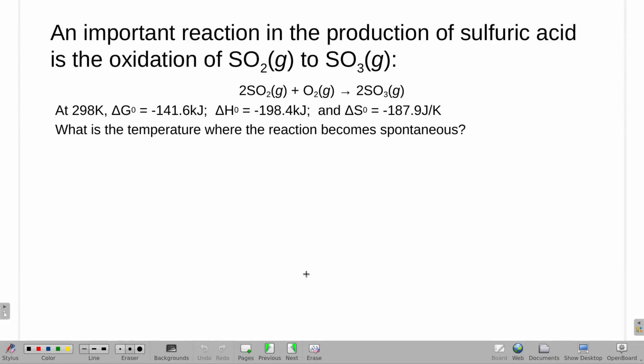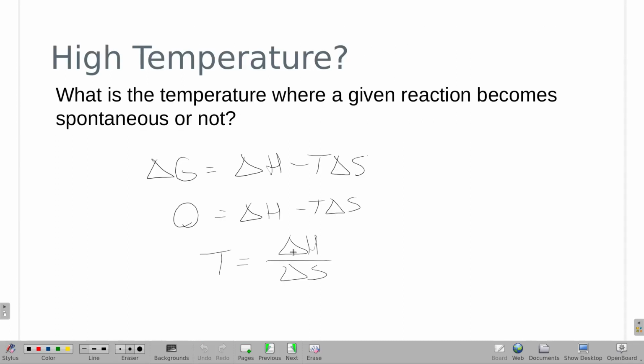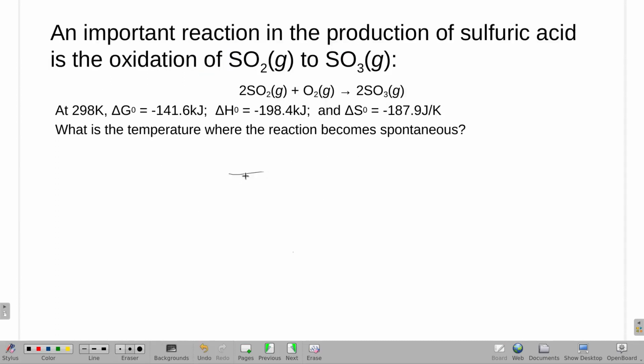So for that equation we just did, rather than solving whether it was spontaneous at 900, we really could have done this. The temperature where it changes is just our delta H divided by our delta S, converting our delta S to kilojoules again.